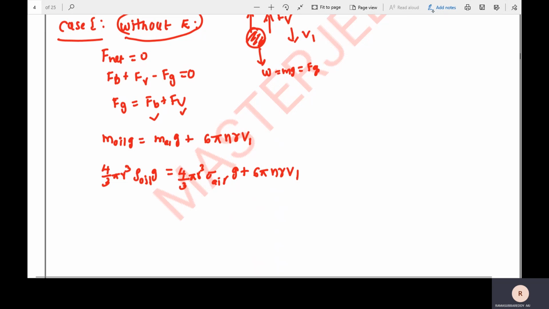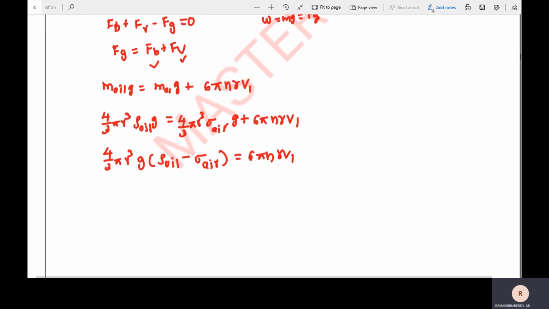Now if you rearrange this equation, 4 by 3 pi r cube into g, density of oil minus density of air, is equal to 6 pi eta r v1.